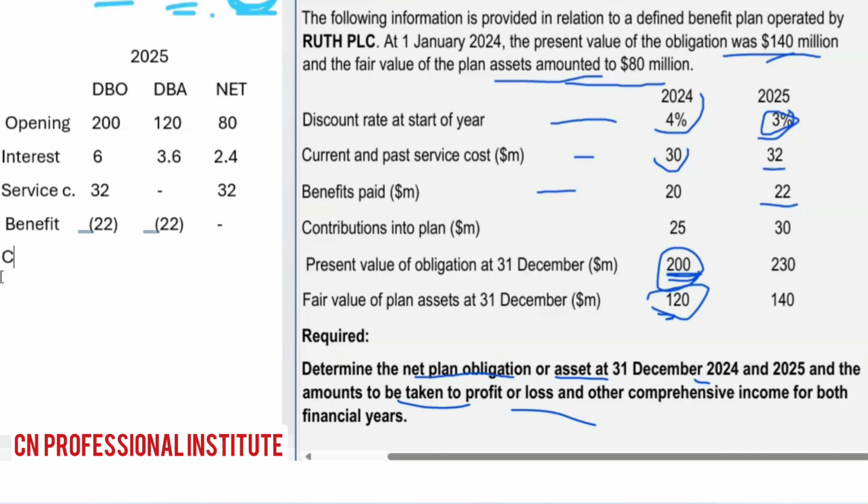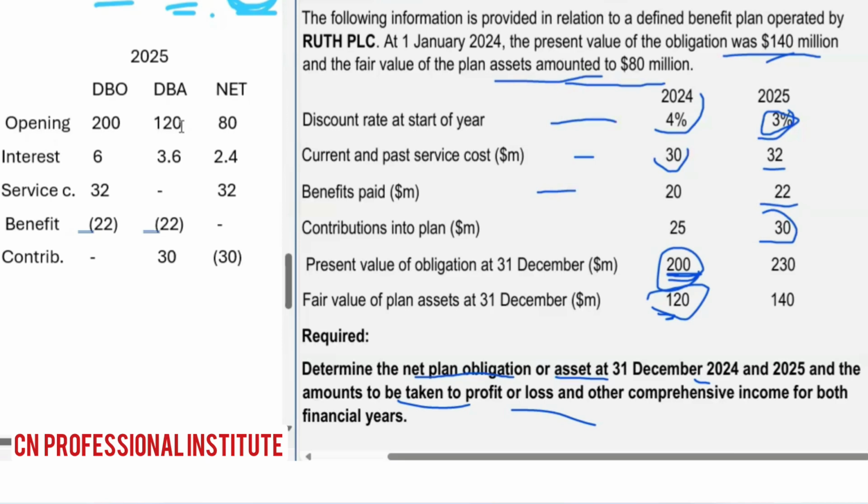Then the contribution to the plan. Contribution to the plan doesn't affect the obligation. It's the asset that we put the contribution to. The contribution is 30, and here we are subtracting 30, because we made the net the liability minus the asset.